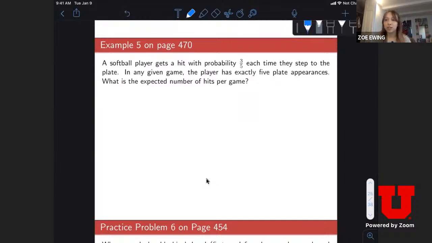Okay, this one seems like we're going to split it into cases. It seems like we should split it into how many hits and do Bernoulli trials, but there's actually a simpler way.